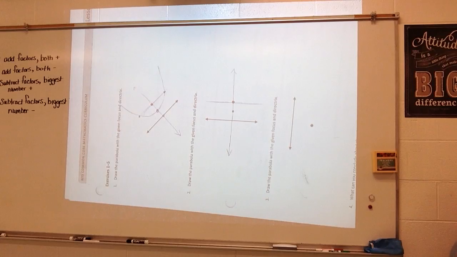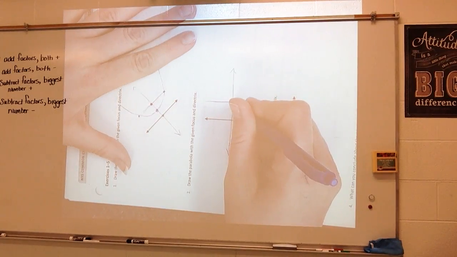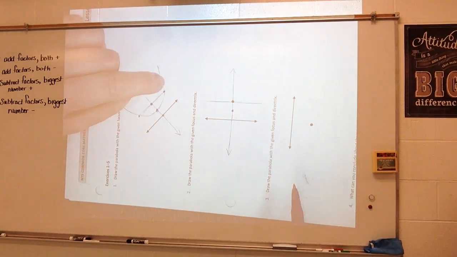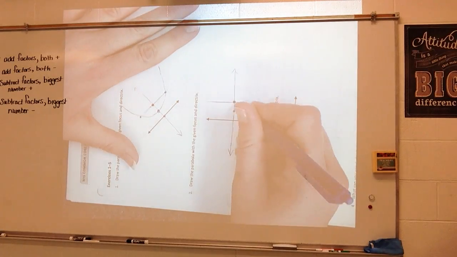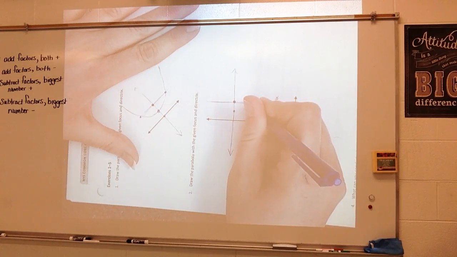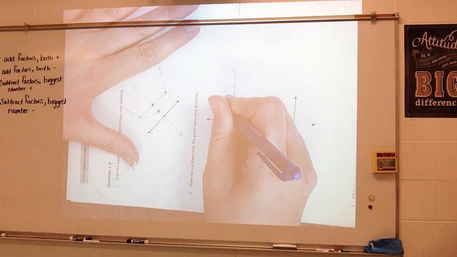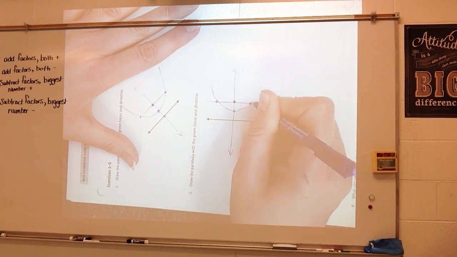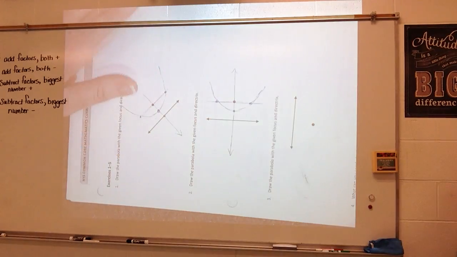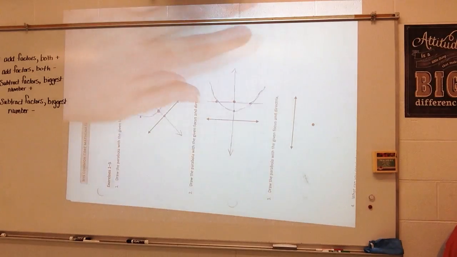Once again, I want my points to be the same distance as they are from the directrix. So I'm going to look about like this. I may have made that one a little bit big, but that's okay. We get the point.